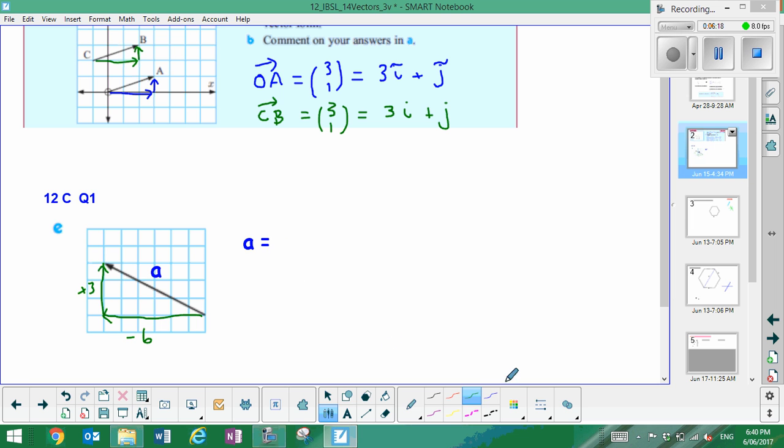So in the component form, we've got -6 in the x direction, 3 in the y direction. Or in unit vector form, we've got -6i plus 3j. So that's the way to write it, and we can have positives or negatives in either case.